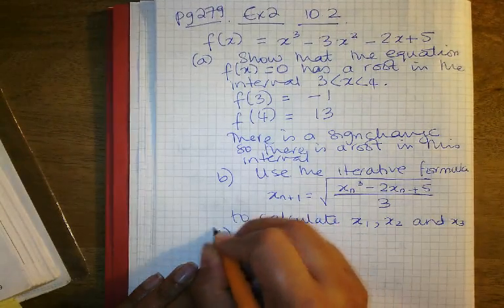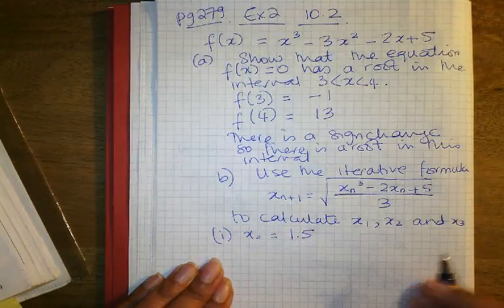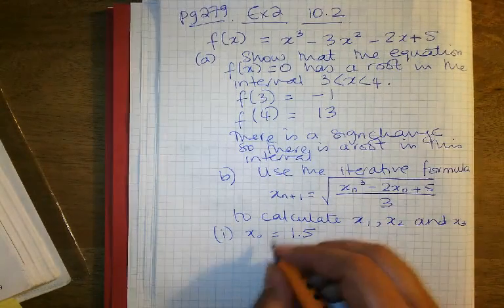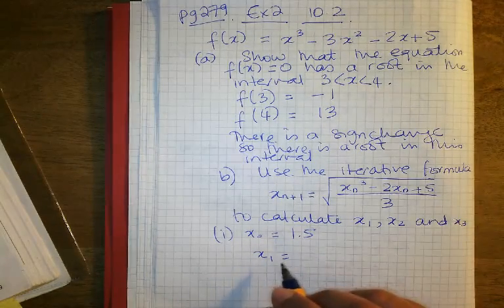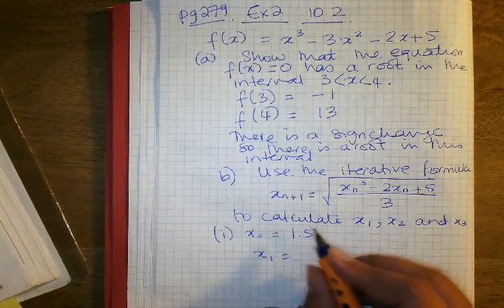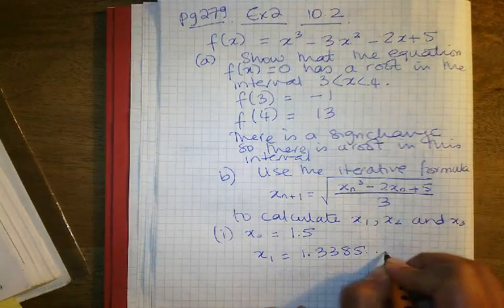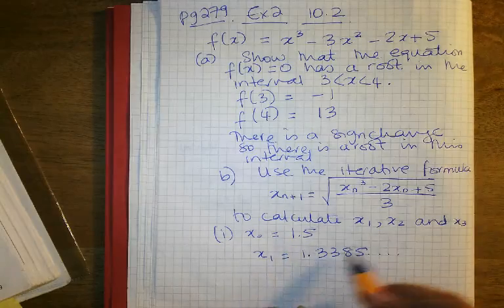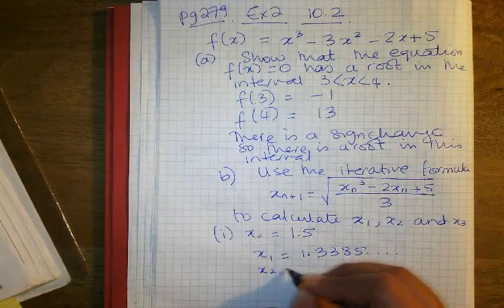Now part I says where your x0 is 1.5. Okay, so let's start with 1.5. Substitute 1.5 into this formula. Your x1 comes down to 1.3385. Substitute the answer back into the formula, and I've shown you that already in the previous example.